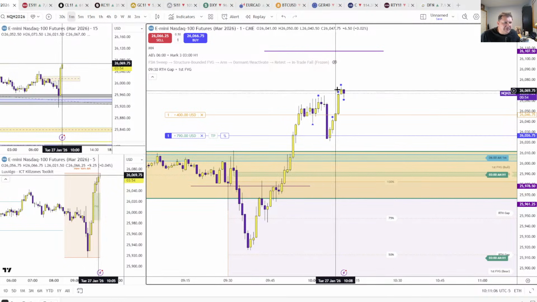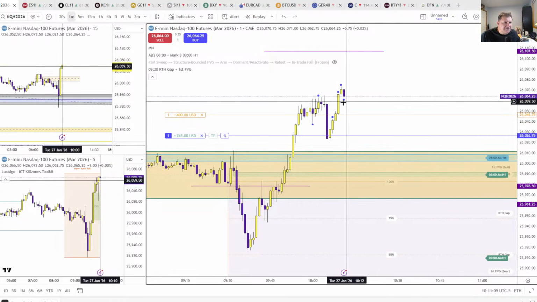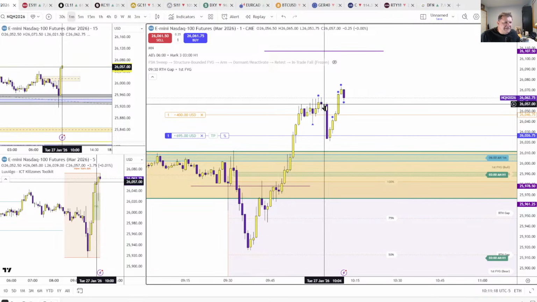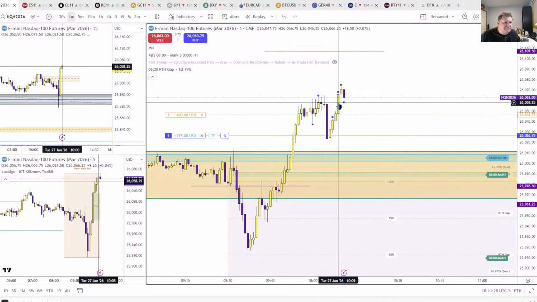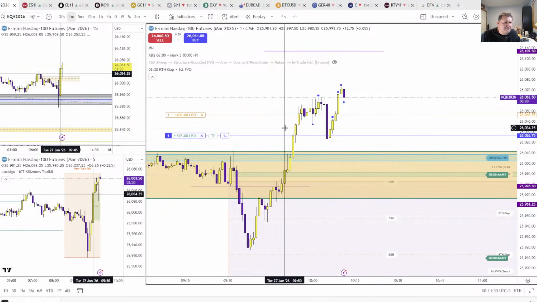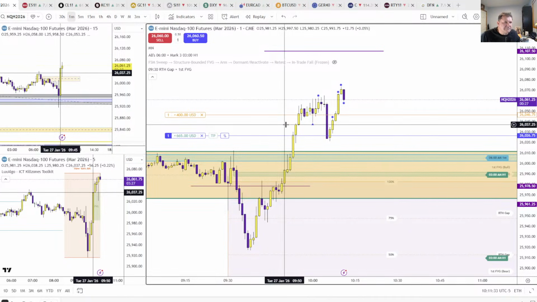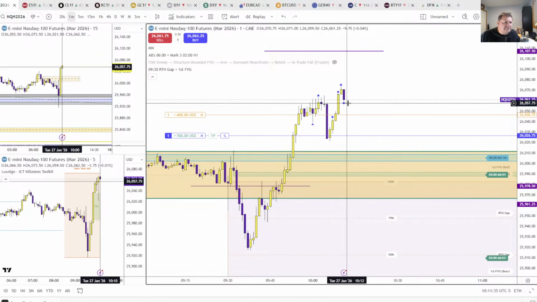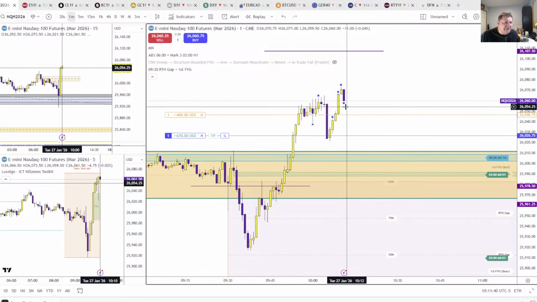So here's another extension model. Now watch how it acts right inside here. Just want to see it come back one more time into here, or just tag that.